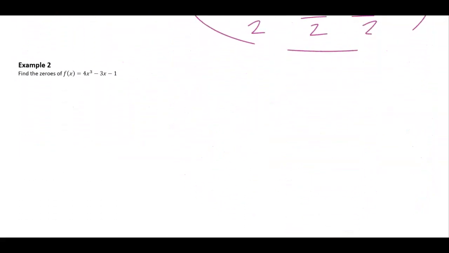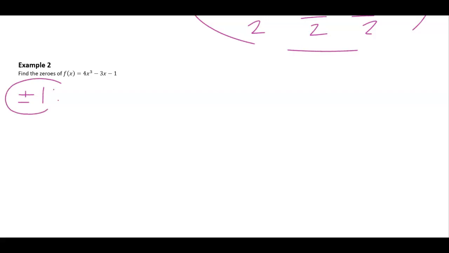All right, so find the zeros of this cubic function. Notice if it was quadratic, I might want to try to do the quadratic formula or try to factor or something of that nature. It's not, it's a cubic function with no quadratic term. So I need to try to figure out all the possible zeros. Okay, so I like to always write my constant with plus or minus 1.